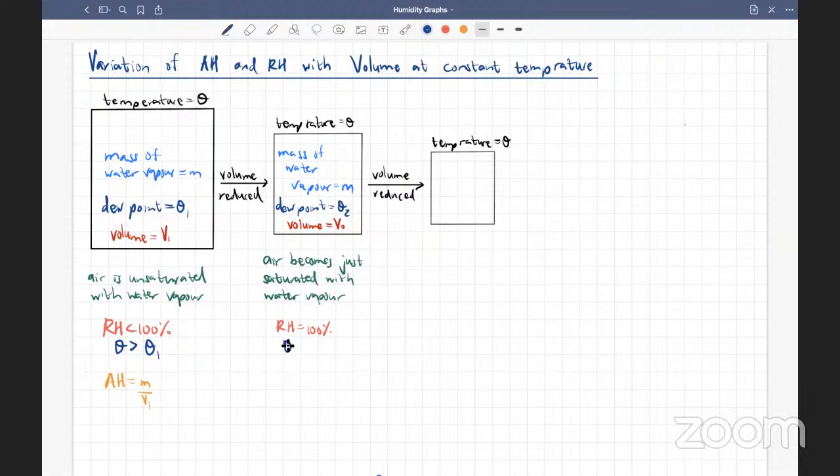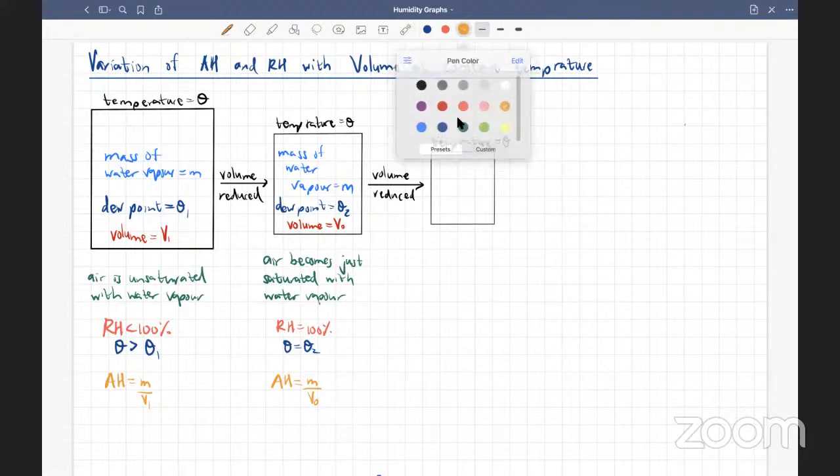They are now going to be equal to each other. The room temperature now becomes the dew point. So dew point is varying. And absolute humidity here is equal to m over V0. It's obvious that V0 is less than V1.